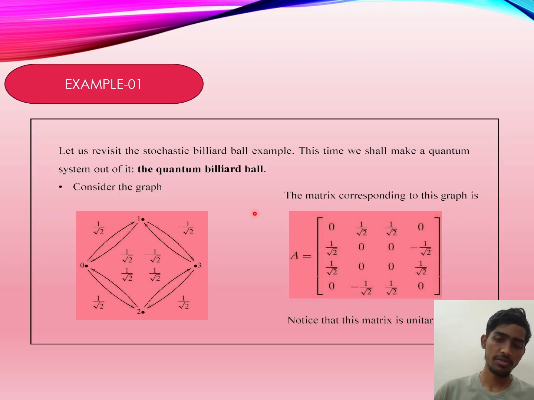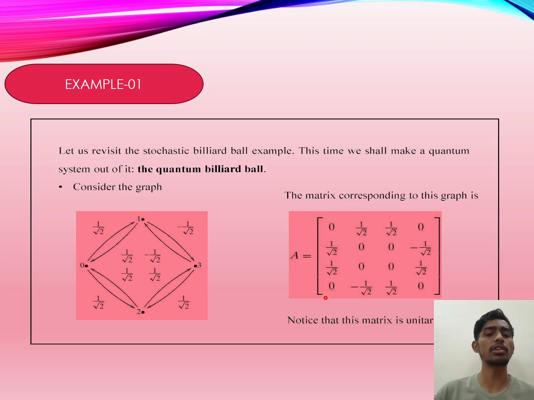So as we can see, the probability of going from 0 to 0 is always 0, from 0 to 1 is 1 upon root 2, and from 2 to 0 is 1 upon root 2.